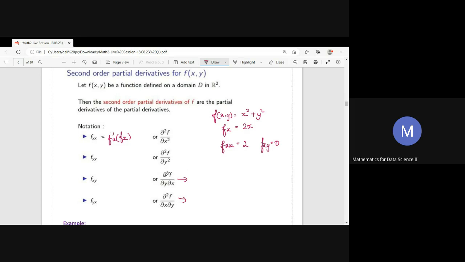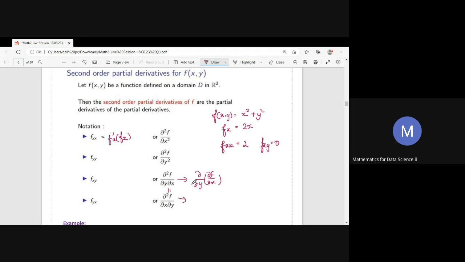For this one, please understand it clearly. What is the first thing you are doing here? Already you have dou f by dou x, and for this you are performing dou by dou y of this function. Since y is there, you first find the derivative with respect to y, and then with respect to x. Anyway, it is not going to matter. You will see that both expressions are the same for some specific functions.